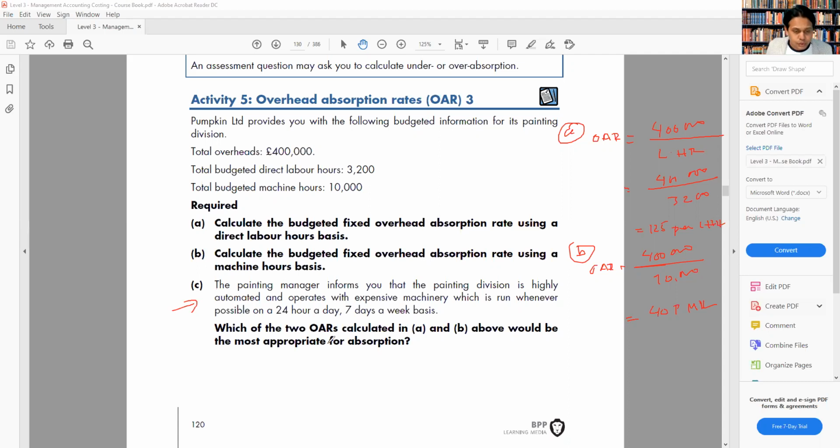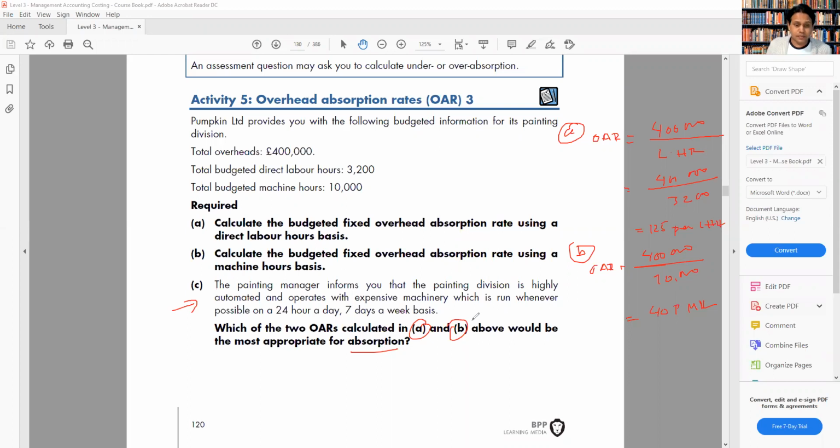Which of the two overhead absorption rates calculated in A and B above would be the most appropriate for absorption? So they are telling us this company is heavily based on the machinery. So which one will be the most suitable basis to calculate the overhead absorption rate? Machine hour or the labor hour?